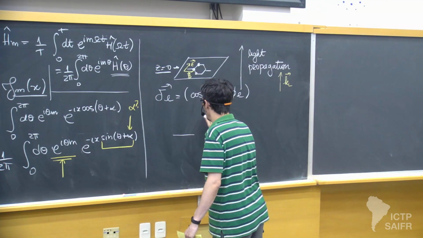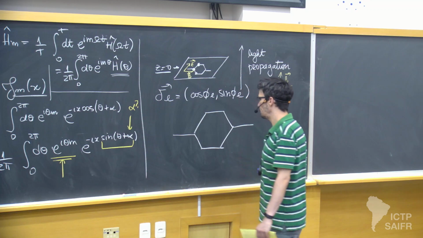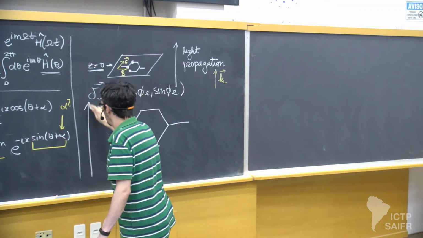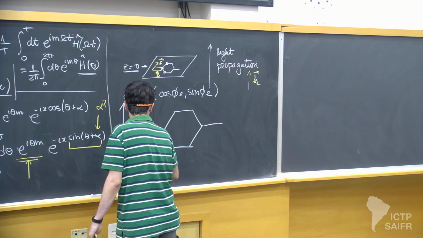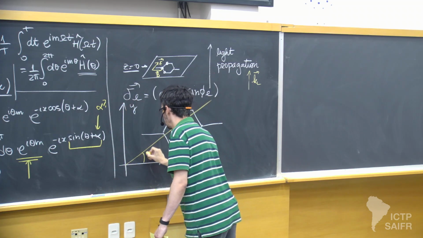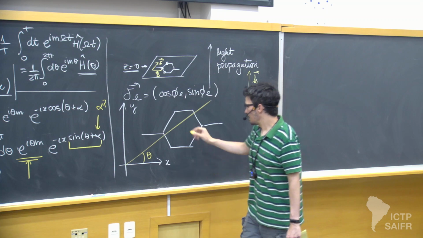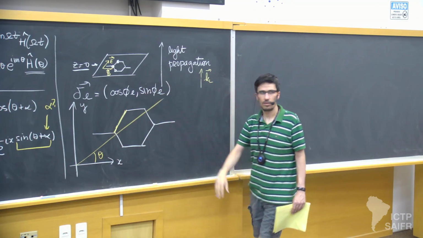My suggestion is to do it as geometrically as possible. So you draw this honeycomb lattice, and you call this the x and y plane, and then you have light that is going to be rotating along this plane with some angle theta. And then you have another angle here by this bond, and then you see all the angular differences.